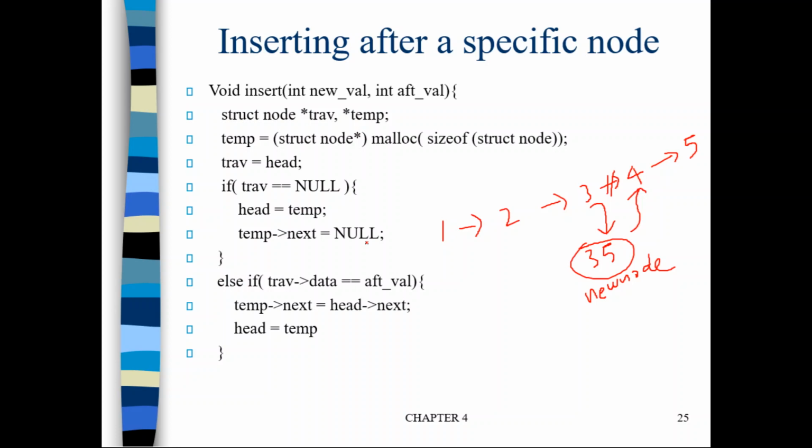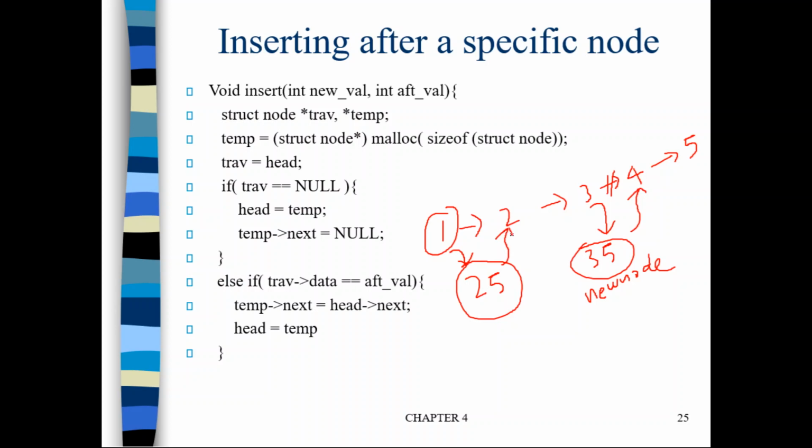Then case 2 is, assume that I want to add immediately after the first node. Say there is a new node 25, which I want to add after the first node. Then what will be the logic? The first node's next pointer should point to the new node, and the new node's next pointer should point to the second node.